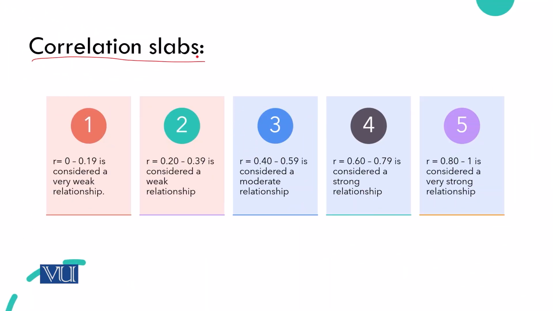Correlation slabs. To interpret the correlation, we made the slabs of the correlation. We know that correlation lies between -1 to +1, and we divide this whole interval into different slabs. First one is R from 0 to 0.19.